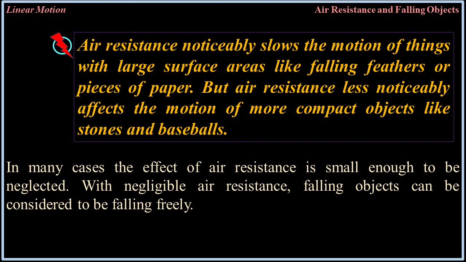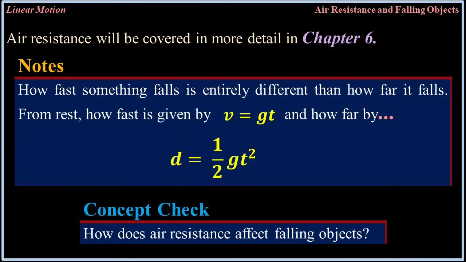In many cases, the effect of air resistance is small enough to be neglected. With negligible air resistance, falling objects can be considered to be falling freely. Air resistance will be covered in more detail in Chapter 6.